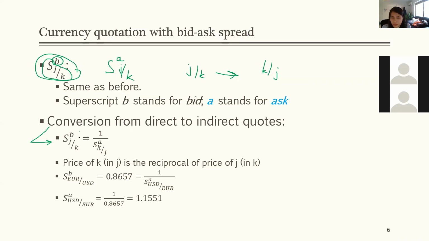When I take the reciprocal of a bid rate, I will get an ask exchange rate, and vice versa. This is something you have to be careful about in terms of calculation. If you take the reciprocal of an ask rate, you're going to have a bid rate, and vice versa.